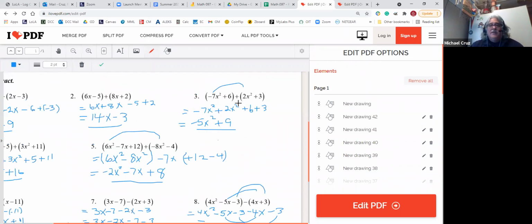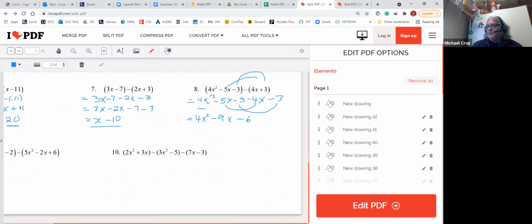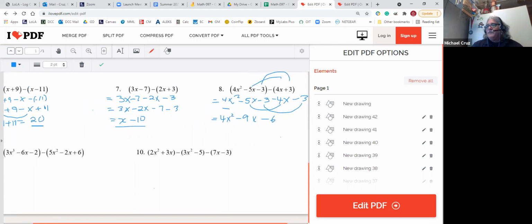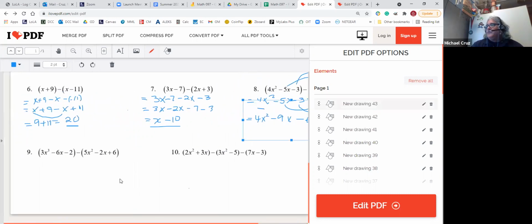Up here, distributing the plus does not change anything. It just means you're putting the things together, but that plus does not change the sign like the subtraction does. All right, so go ahead and try number 9 there.